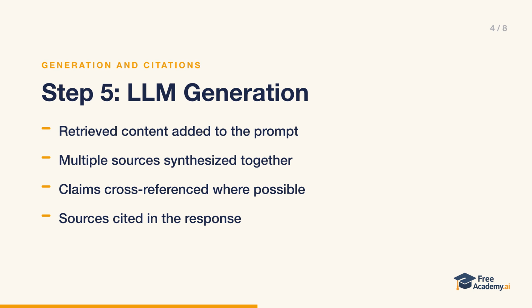This is the moment where your page either gets named or does not. Notice everything that had to happen along the way. Your content had to be retrieved, ranked highly, extracted cleanly, and judged useful enough to include. Generative Engine Optimization is really about winning at every one of those steps, not just the last one.